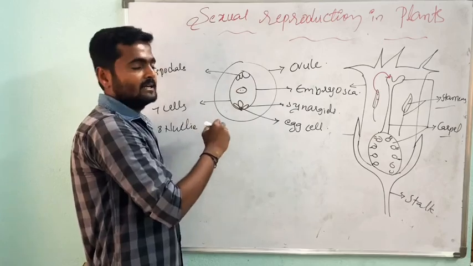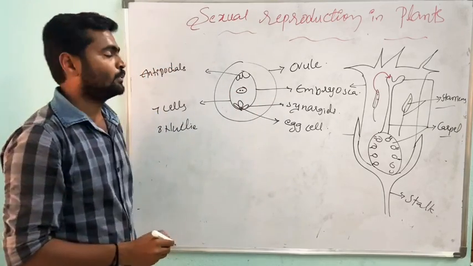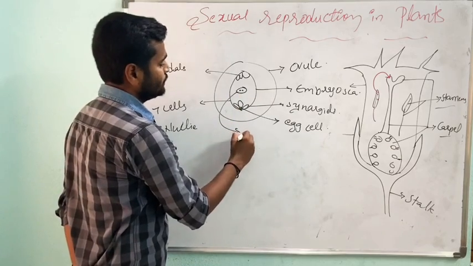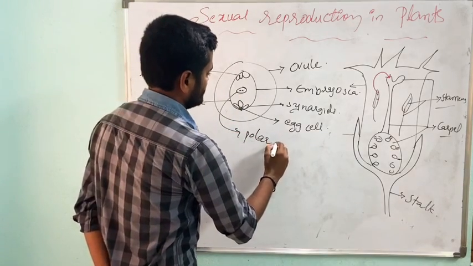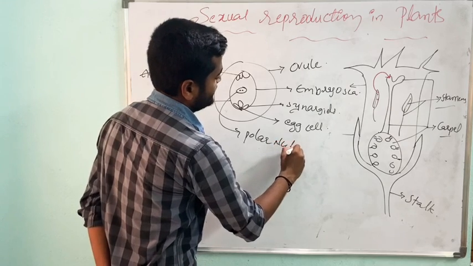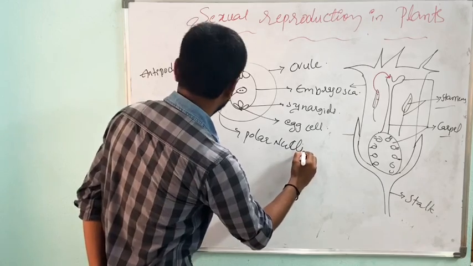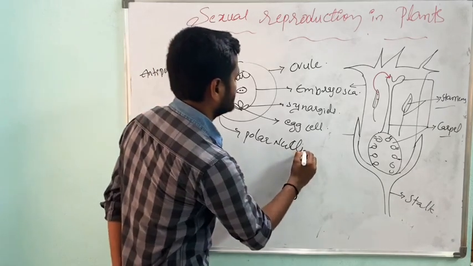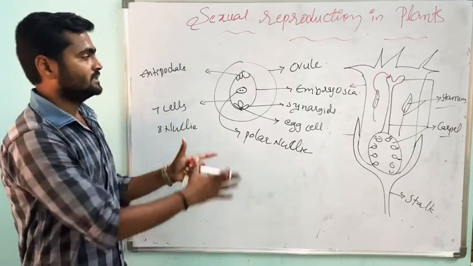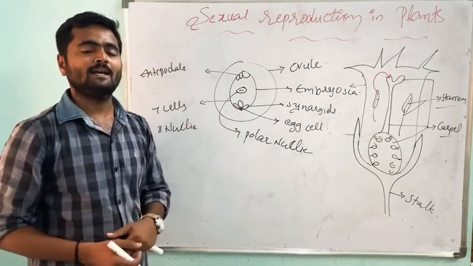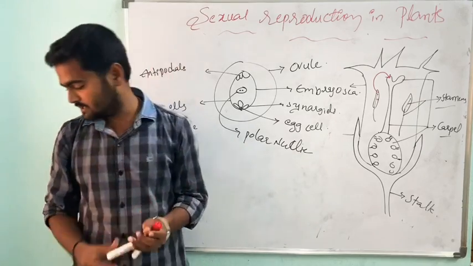That cell contains two nuclei, called polar nuclei, which fuse together and form one polar nucleus. So this is the structure of the embryo sac. Now, how does fertilization take place?